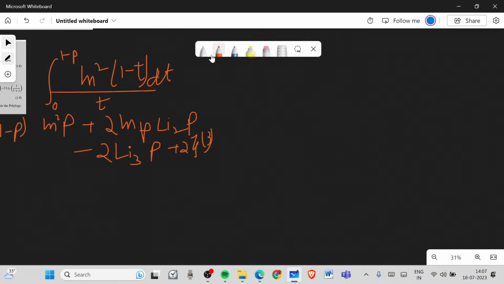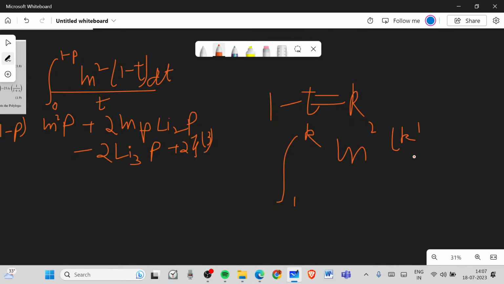Let's start again. Putting 1 minus t as k, we are getting integral 1 to k of ln square k by 1 minus k.